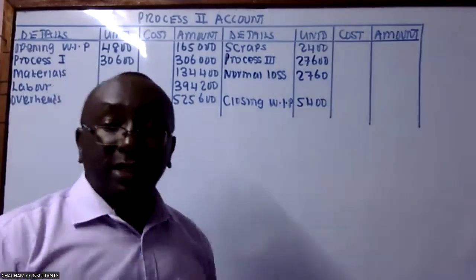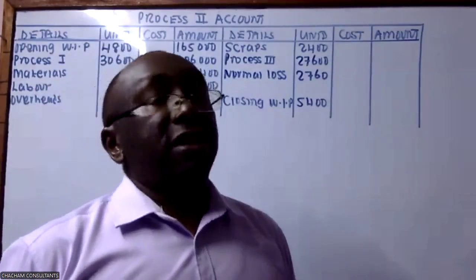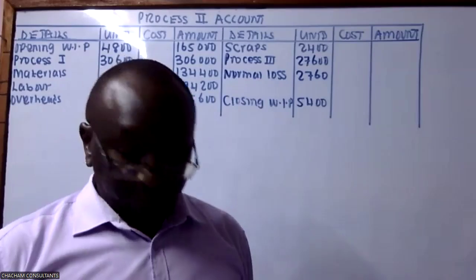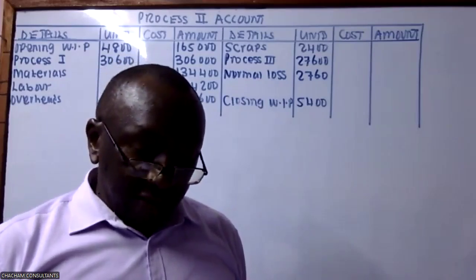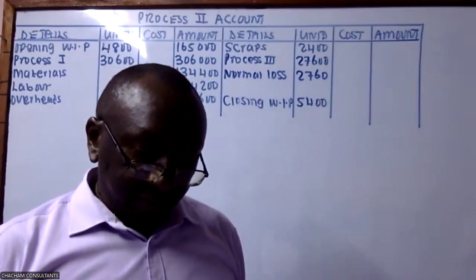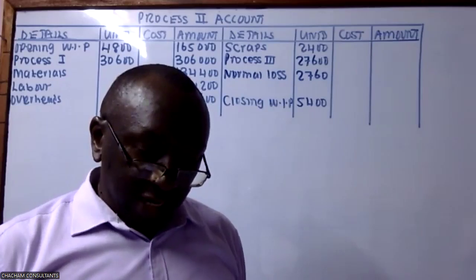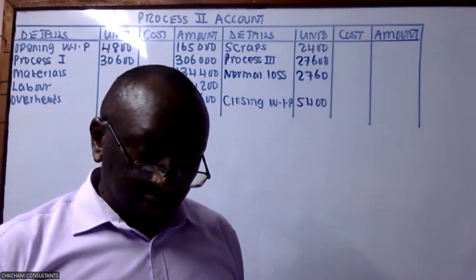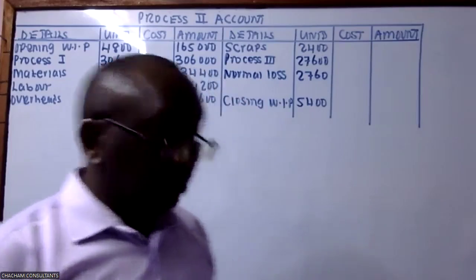Others will tell you it is 10% of input. So they'll just give you whatever they want. So you need to pay attention. And the units scrapped were realized at 10. So this one should be awarded to the normal loss.